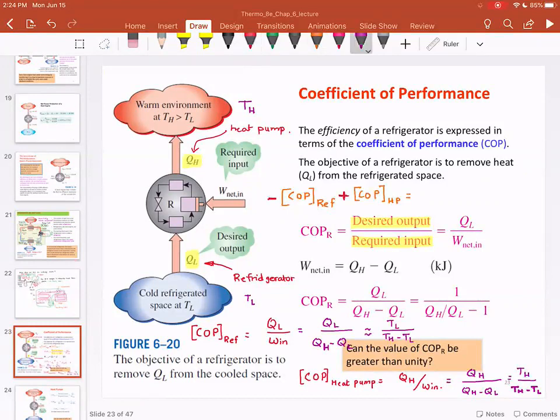If you look at this equation, it is going to become minus TL plus TH divided by TH minus TL. So I get 1. This is an important equation that you should remember.